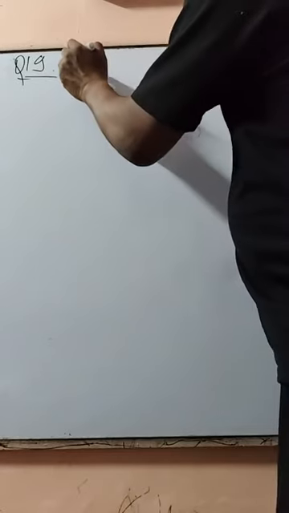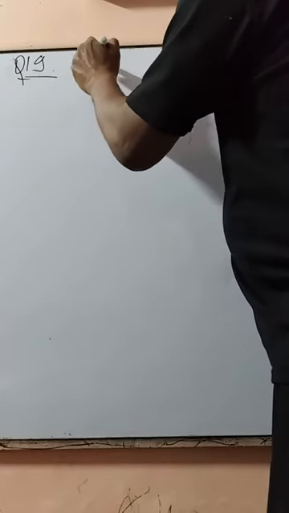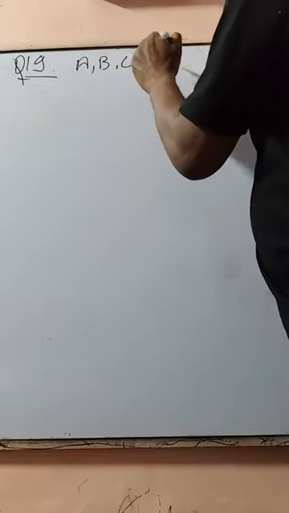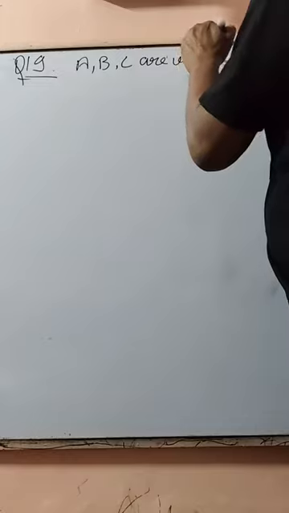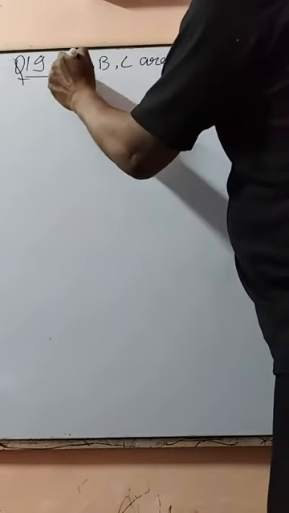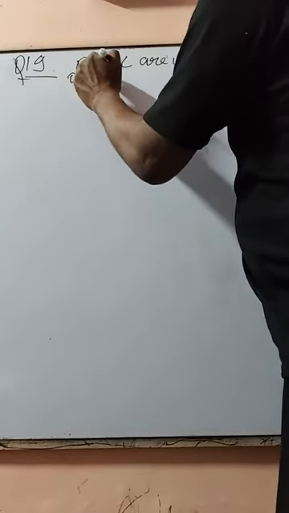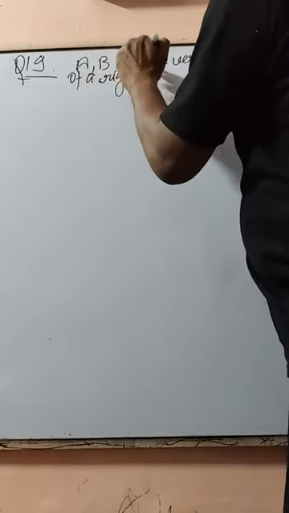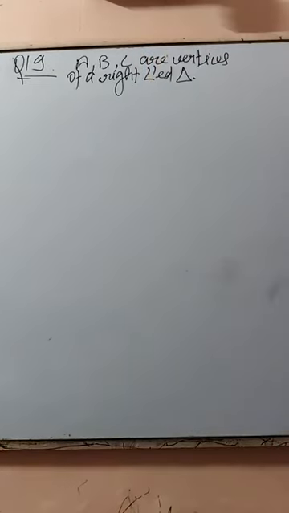A, B, and C are vertices of a right angled triangle.